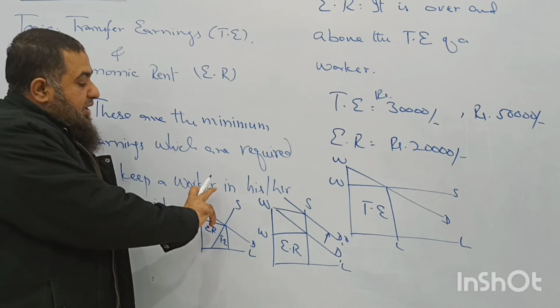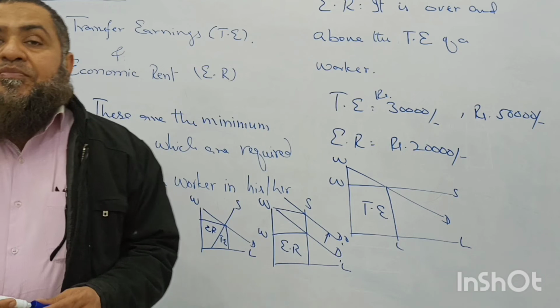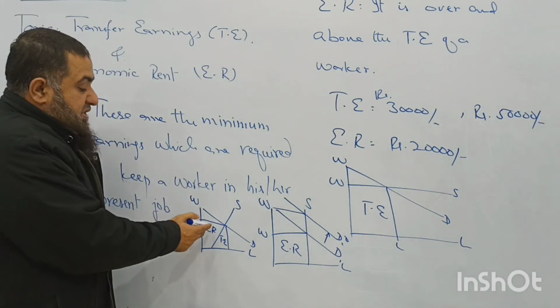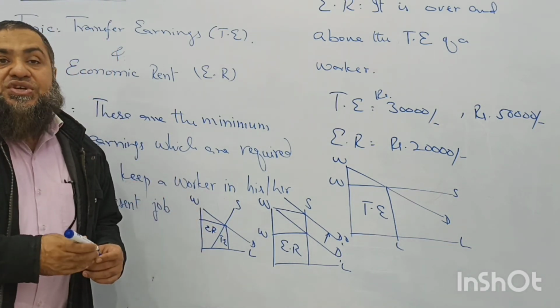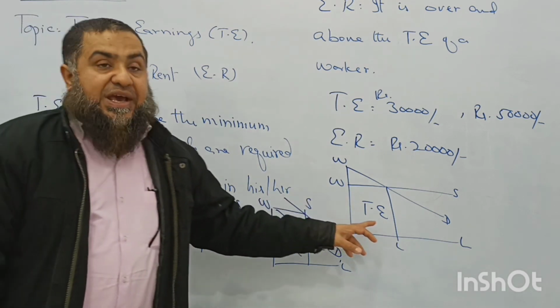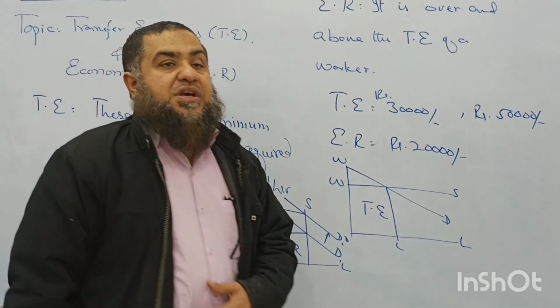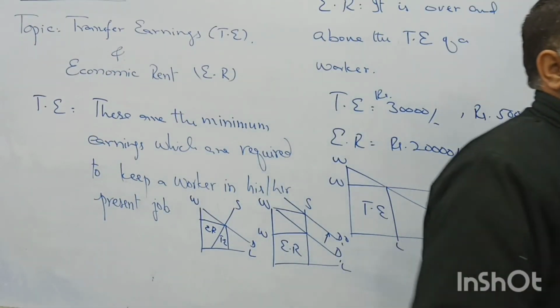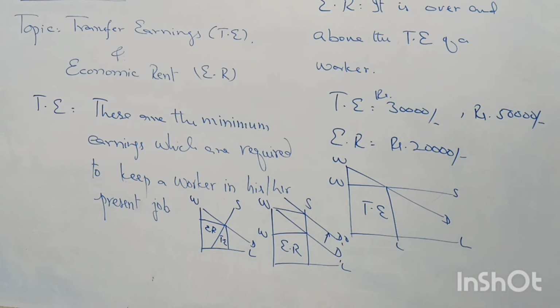And when it rotates clockwise, the area between wages and supply will vanish and the workers will only have the transfer earnings in their pockets. So we see over here that people of different knowledge, different skills, different trainings, have different types of earnings.